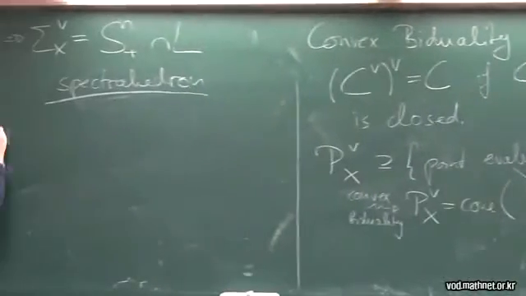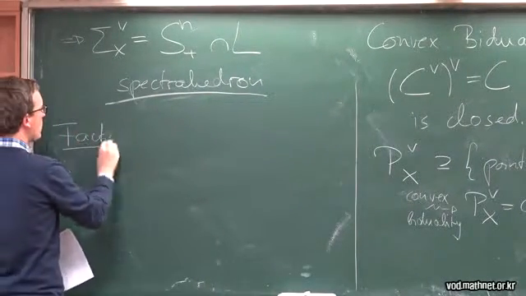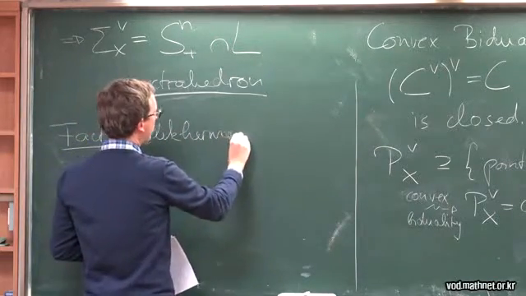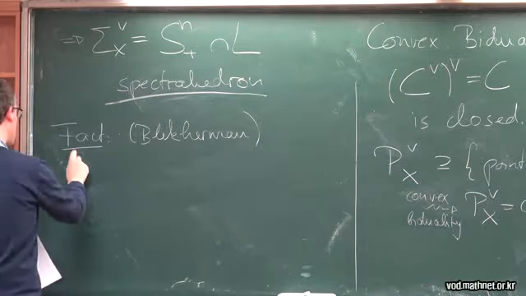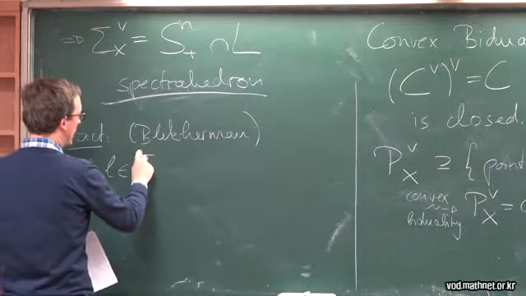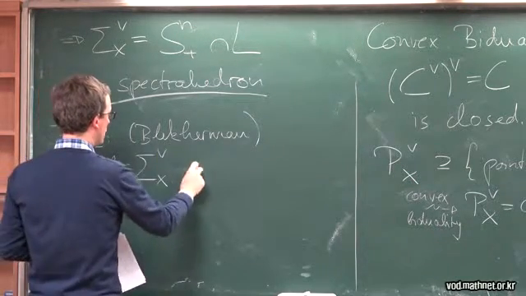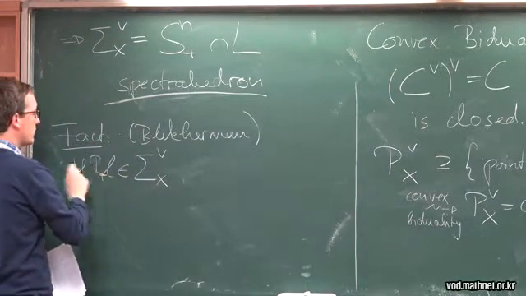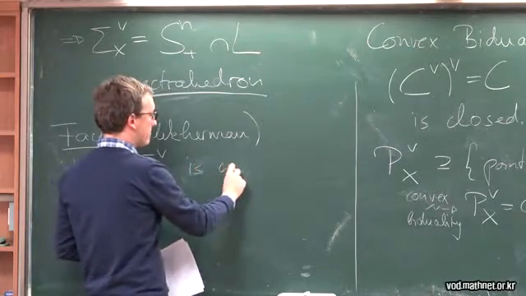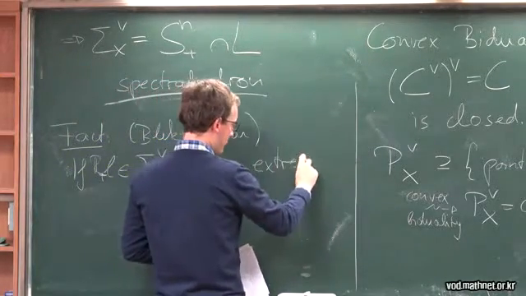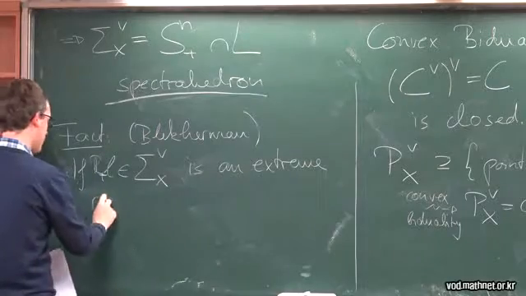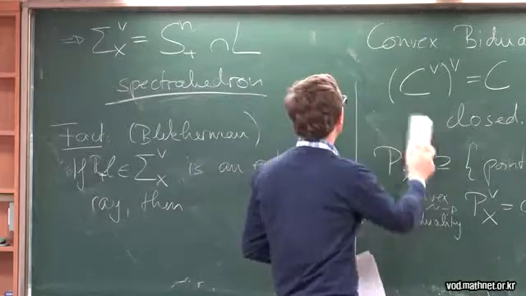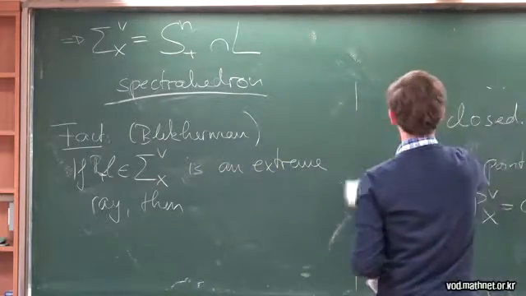Okay, so the crucial observation that Greg made some time ago is the following. If you take an extreme ray of such a spectrahedron, I'm talking about rays, so this should be a ray, then you can characterize this in terms of the kernel of the catalecticant matrix.